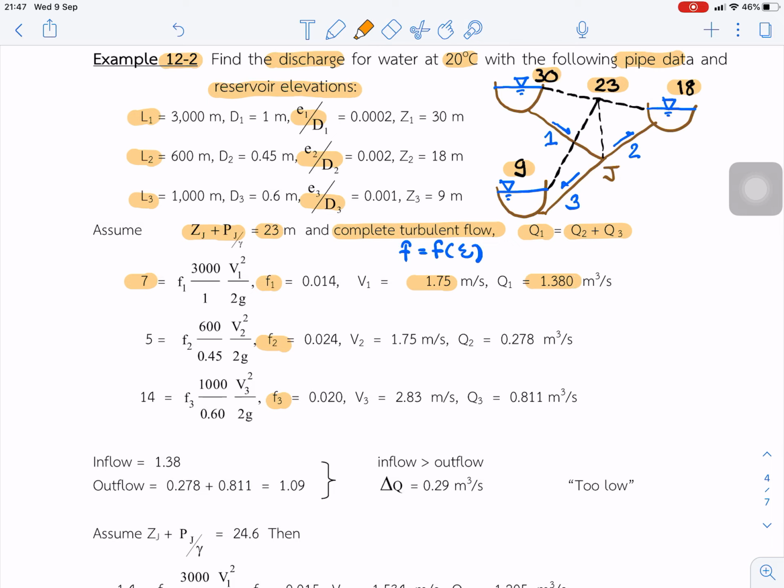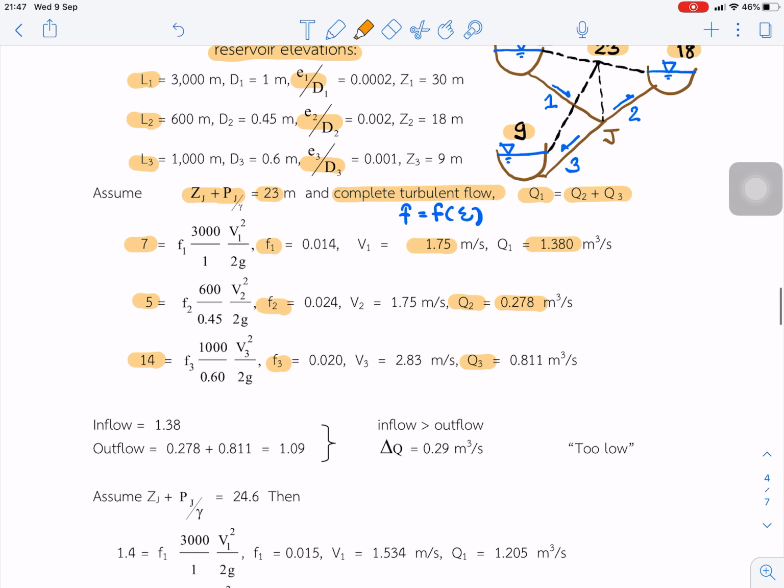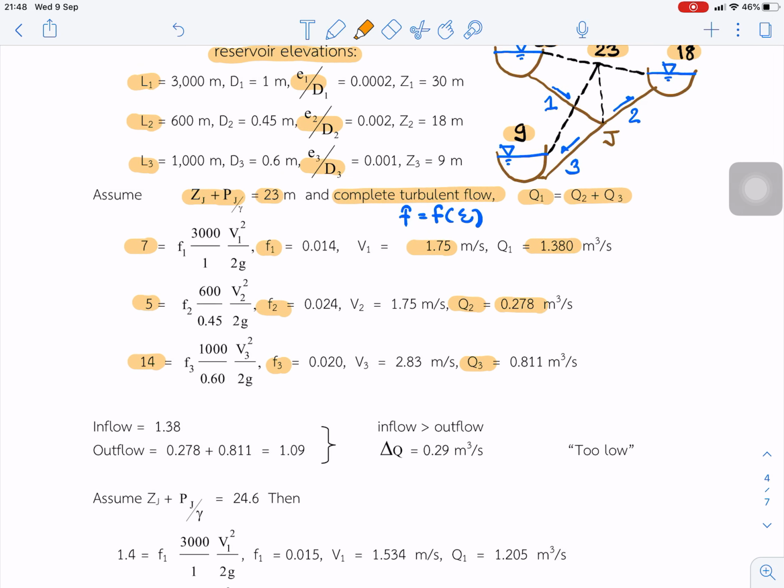And then next we use the head difference between 23 and 18, 5 meters, and we can estimate V2 and Q2 about 0.278, and for pipe number 3 we can estimate Q3. But once we check the balance at the junction, we found that the inflow is 1.38, but the outflow is 1.09. So it means inflow is greater than outflow.